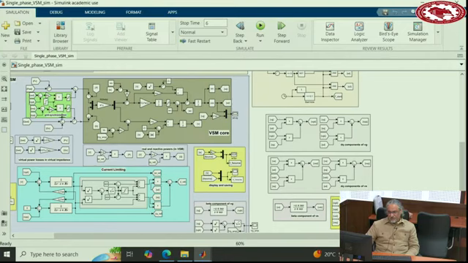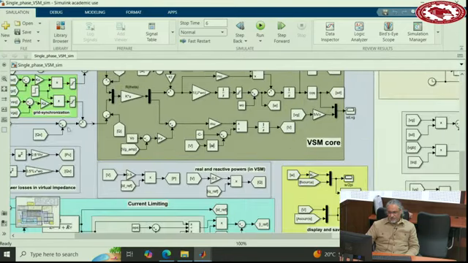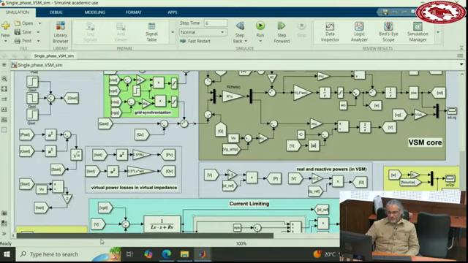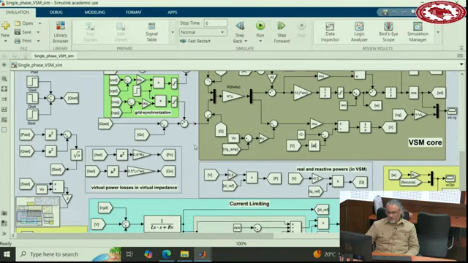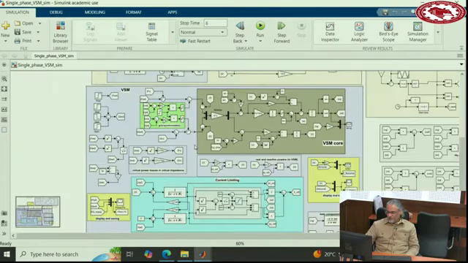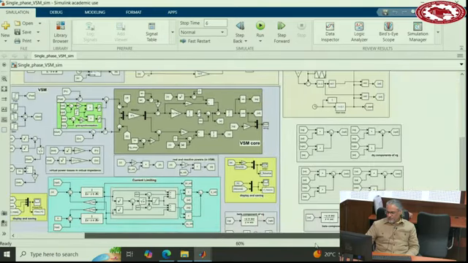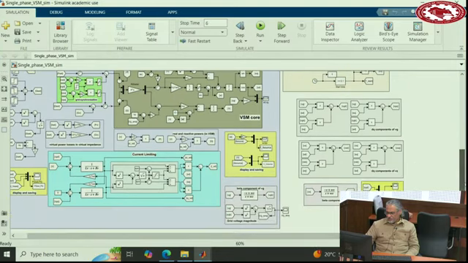This is the grid synchronization part. And a lot of these blocks are for display and saving, here and there.